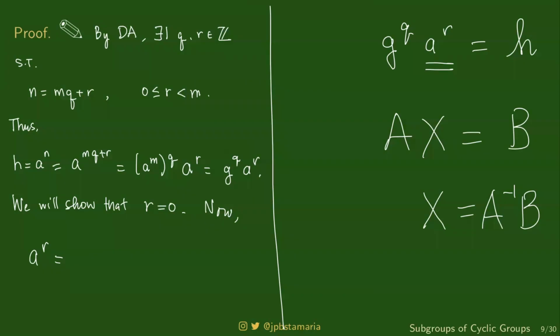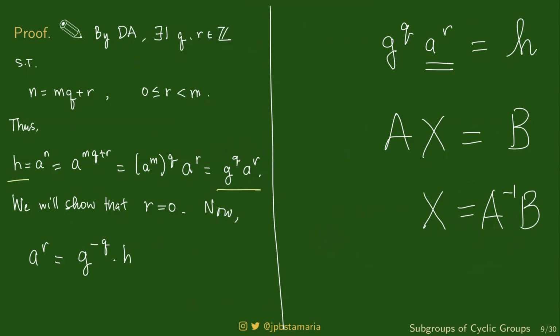So a to the r is g to the minus q times h. Is that right from this equation? So a to the r is g to the minus q times h. I multiplied g to the minus q on both sides.